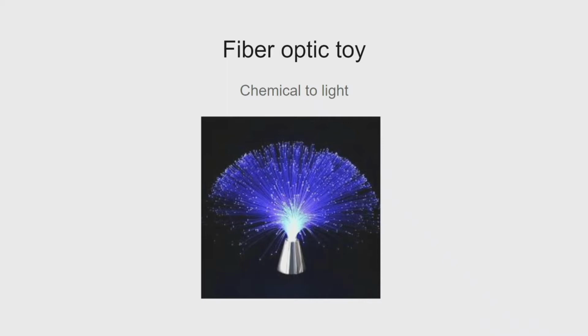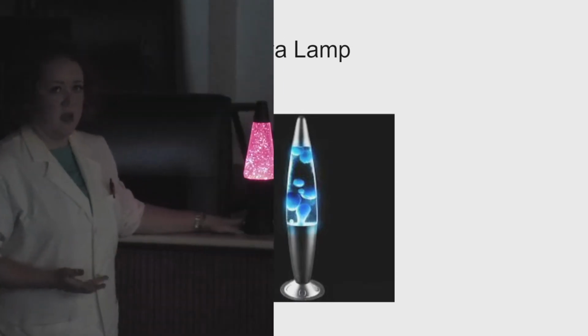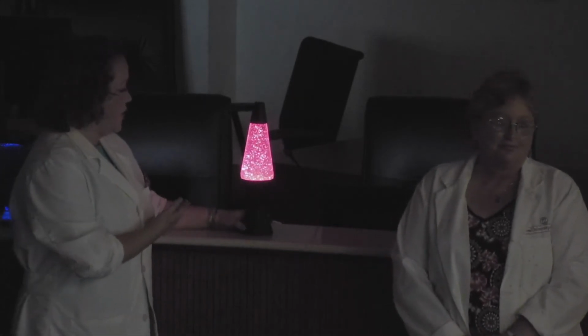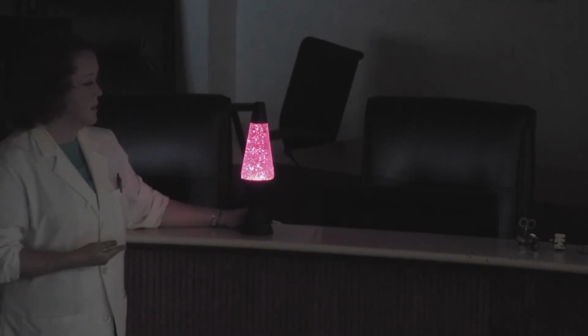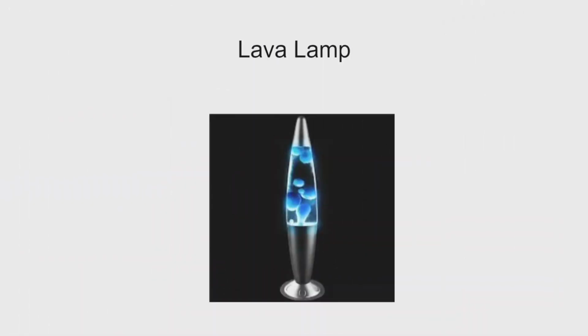And now the lava lamp. Another great example of an energy transformation. So not only are they really cool to look at, but you've obviously started here with something that you've had to plug in so that you can obviously see the light. And then what happens? Not only do you have something moving around in here as well.